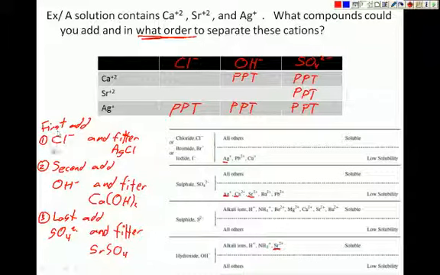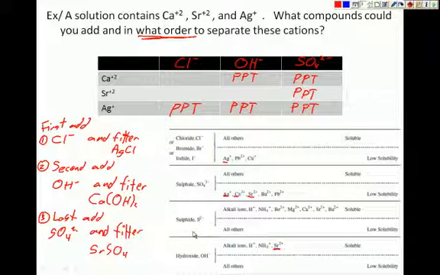Instead of adding chloride ions, you could add bromide ions or iodide ions. And there are a few other small changes we can make too. We could probably use sulfide in here somehow.